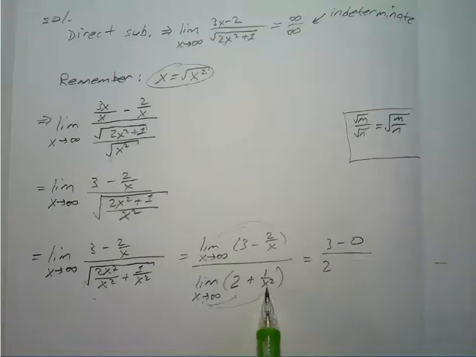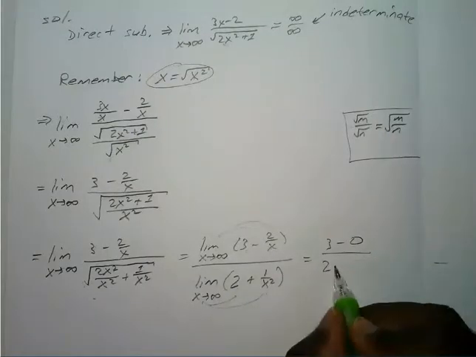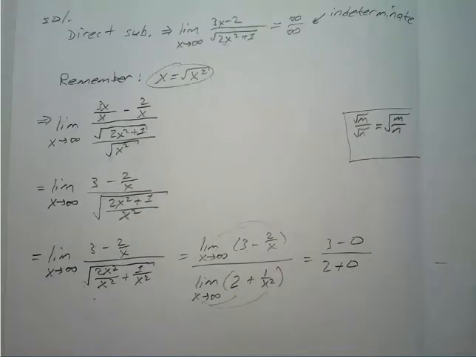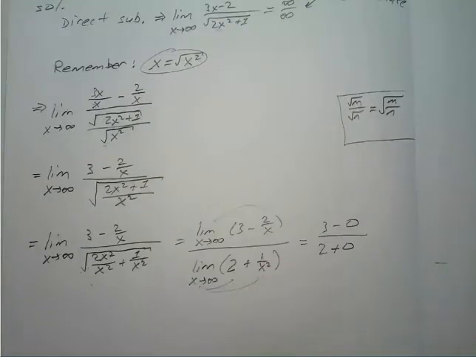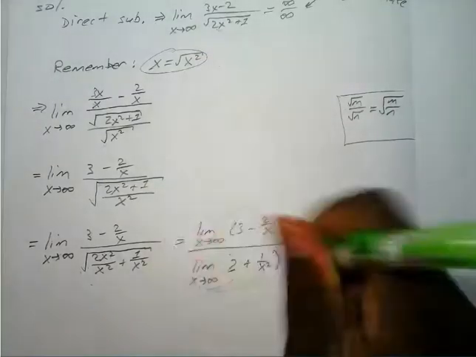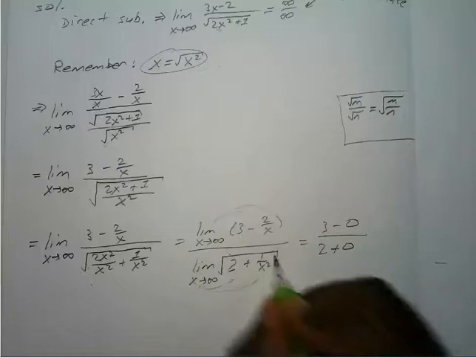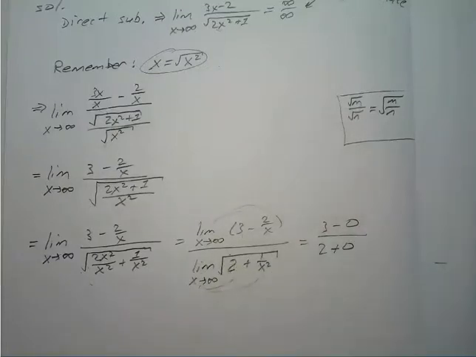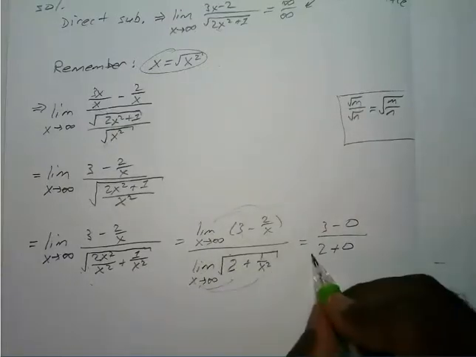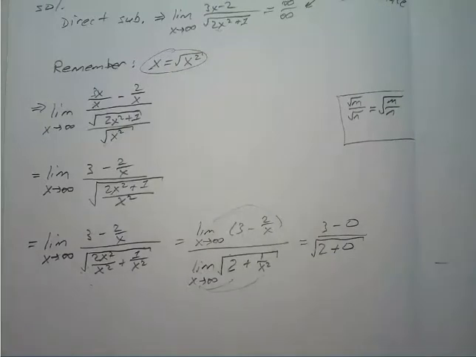Remember that x squared is just going to keep getting bigger and bigger, so it's getting closer and closer to 0. Oh, forgot my square root. Sorry about that. So actually this should be the square root of 2 plus 0.